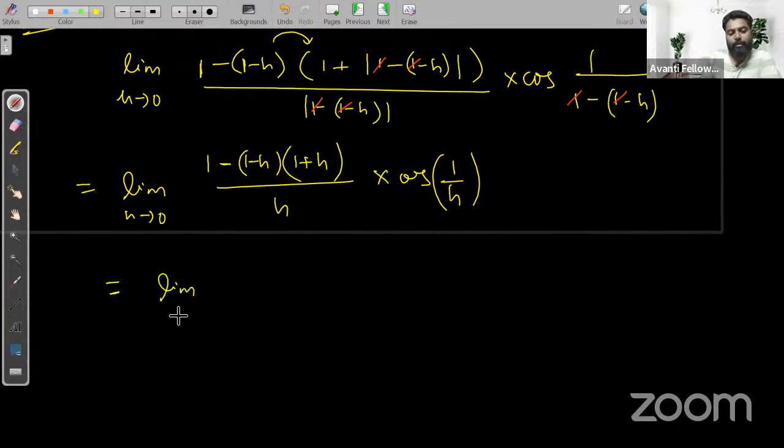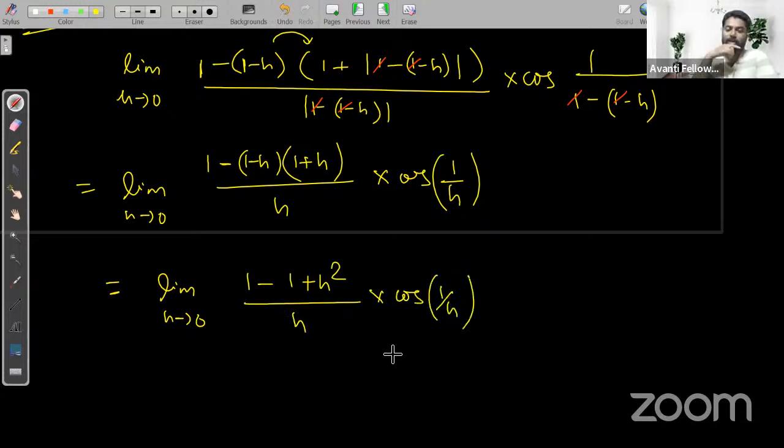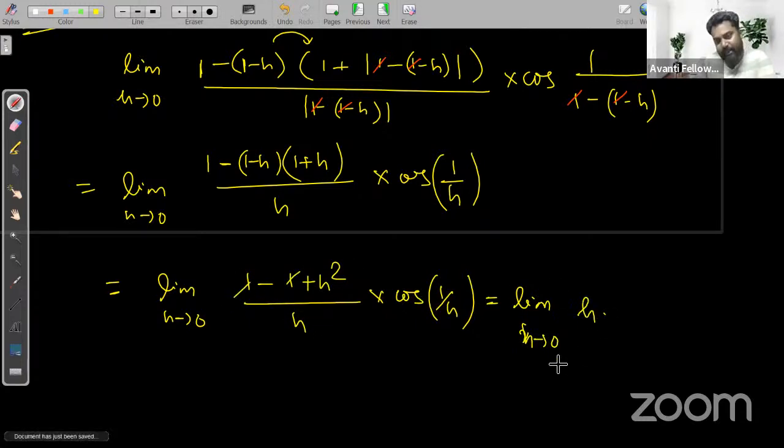So limit h tending to 0. This 1 minus h into 1 plus h will be 1 square minus h square, that is 1 minus h square, divided by h into cos of 1 by h. Clear? So finally, limit h tending to 0, 1 will be cancelled out, and h square upon h is h, into cos of 1 by h.